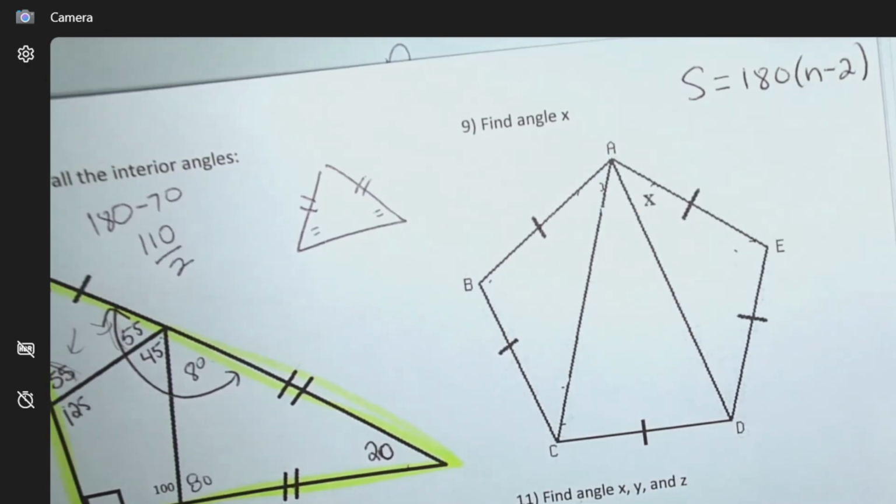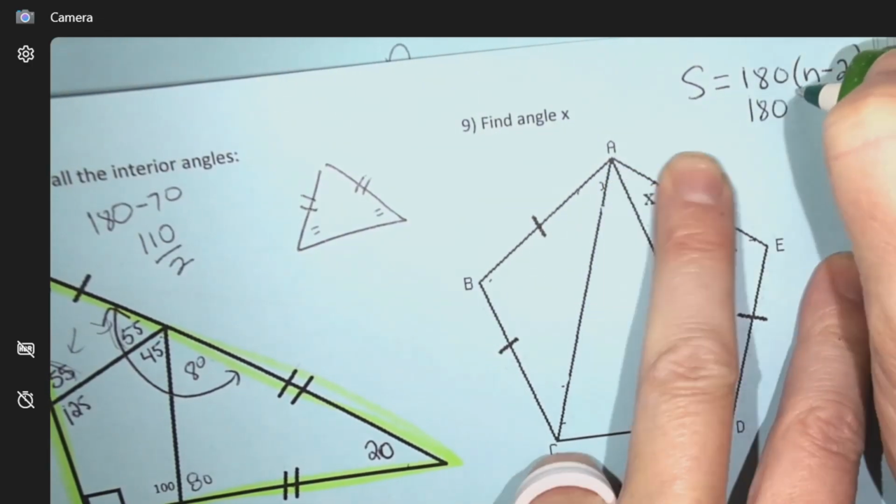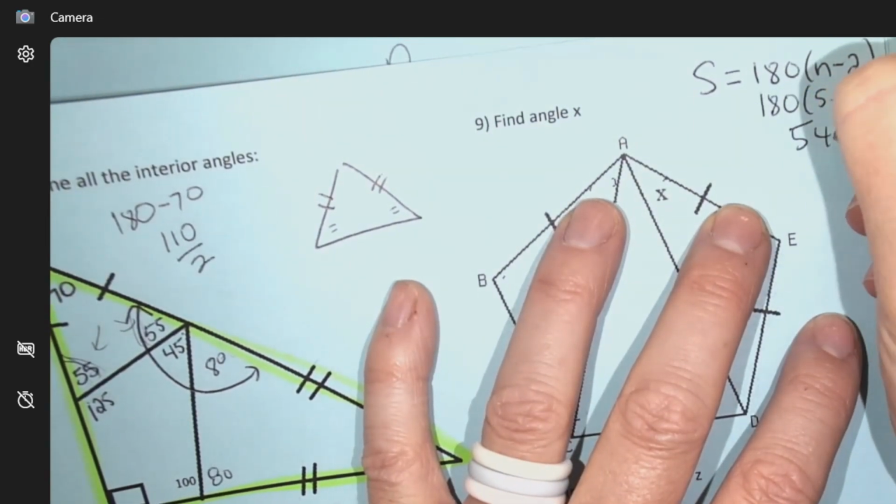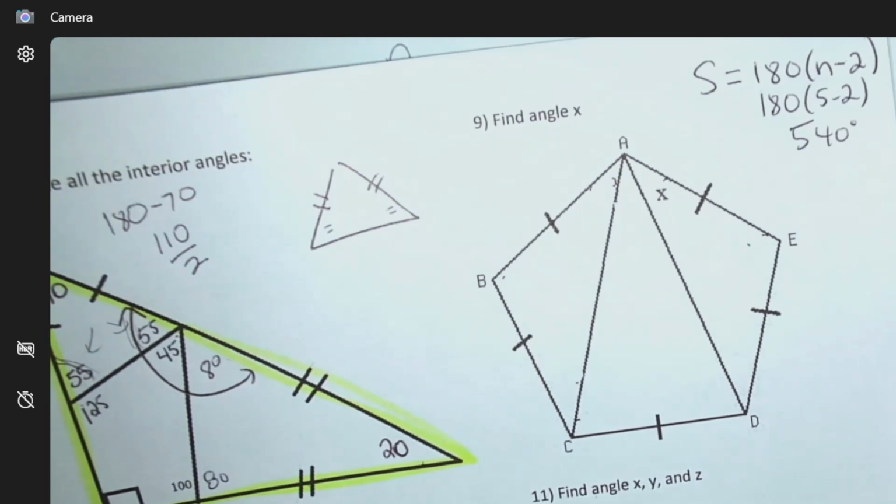It's a 5-sided shape. Every corner should add up to 540 degrees then. That's the total of all the corner angles, right?